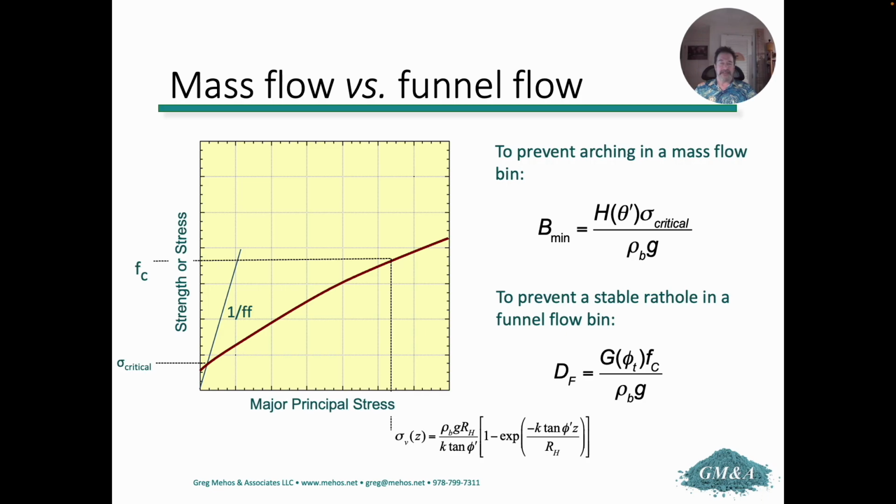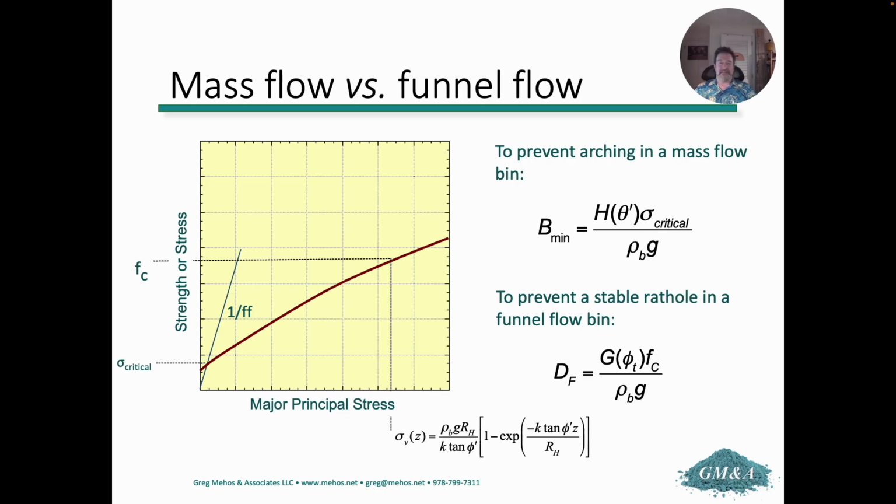For mass flow, you can see that the stresses are smaller at the outlet, and so that critical stress is really small. And the shape factor H is roughly equal to 2, and you divide by the bulk density, you can get a pretty small number, versus if you had funnel flow and you calculate DF, this factor G is on the order of 3 to 4, which is greater than H.